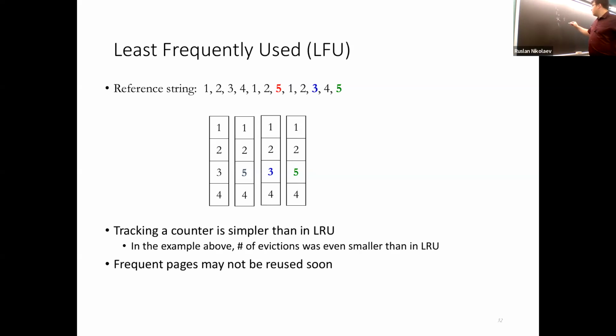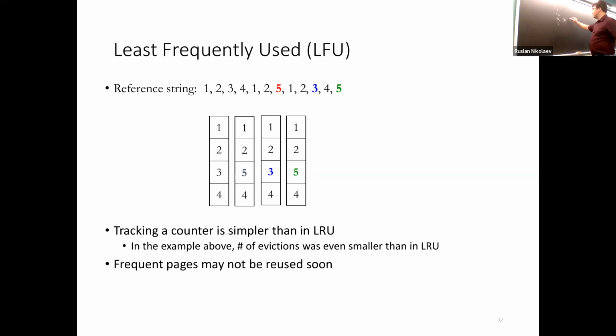So 5 is going to be accessed just once, and 4 is still accessed once. Then we have 1, 2. Okay, 1 is free, 2 is free. Then 3. Which page do we need to kick out? Again, both 4 and 5 are in the same situation, so we're going to break the tie by kicking out 5.